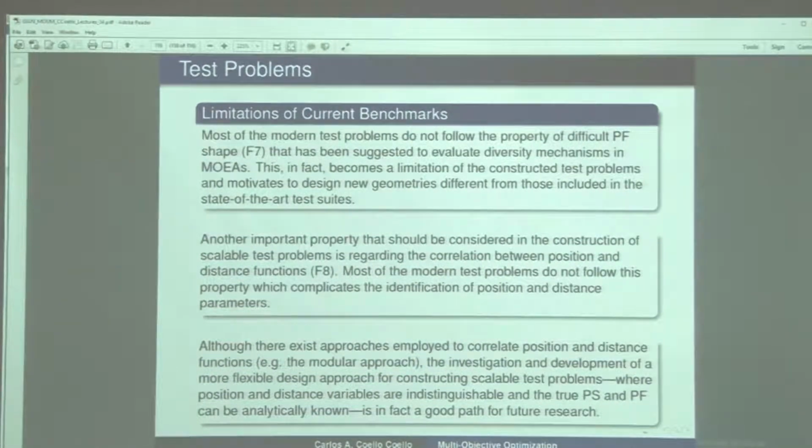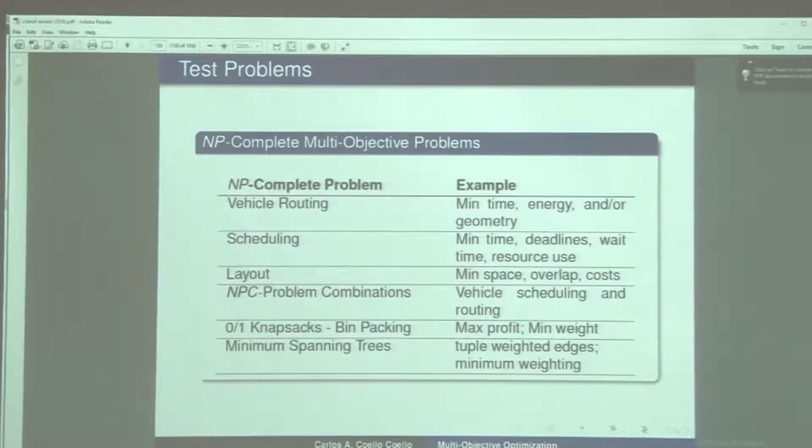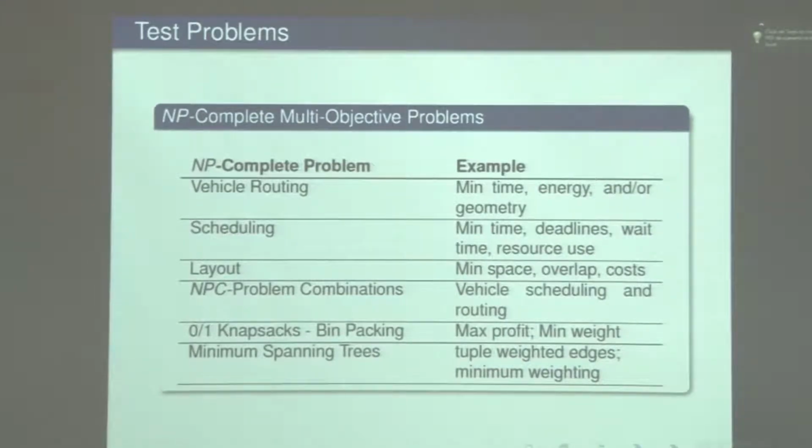There are, of course, other test problems that I did not mention here, because I tried to focus on, for example, we do have combinatorial problems. We have vehicle routing. All these are multi-objective instances: scheduling, layout, knapsacks, spanning trees.